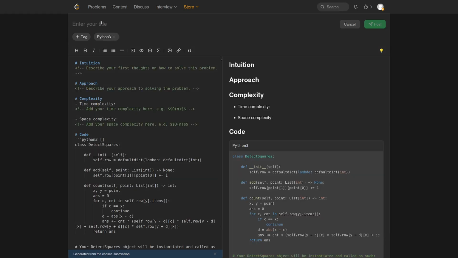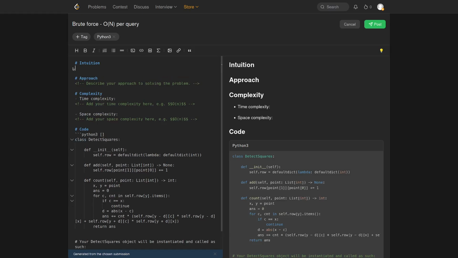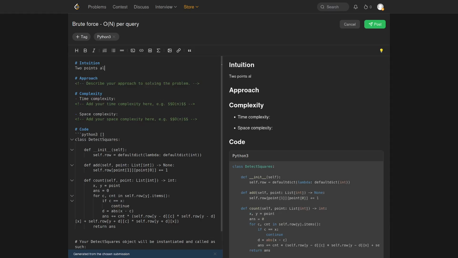Anyway, so brute force O and per query. Intuition: 2 points always define 2 points in a row.